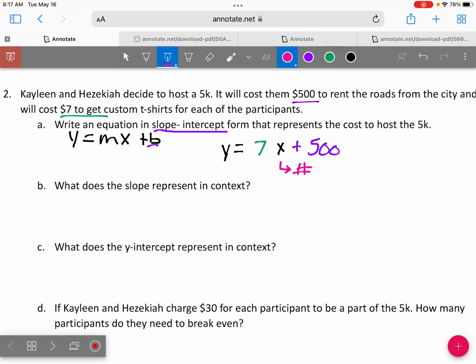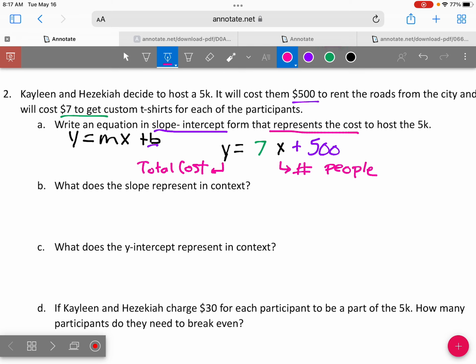And y is going to be our total cost, because our equation represents the cost. It's important to remember what it's about so that we can put all the pieces in the right area.